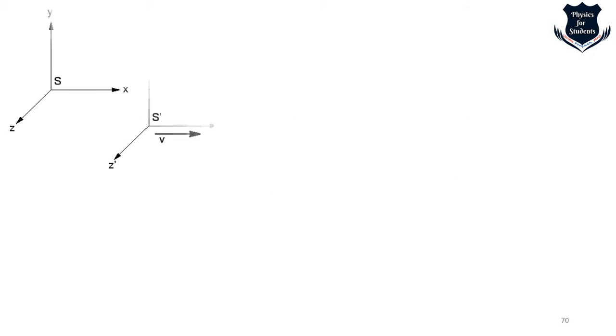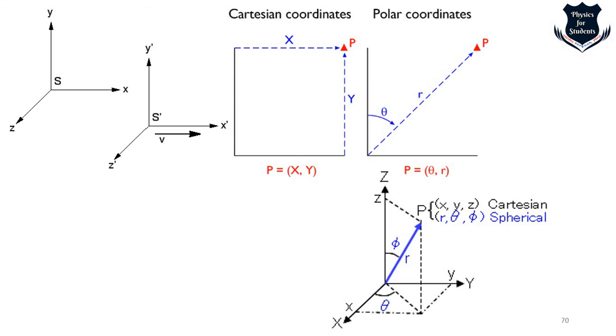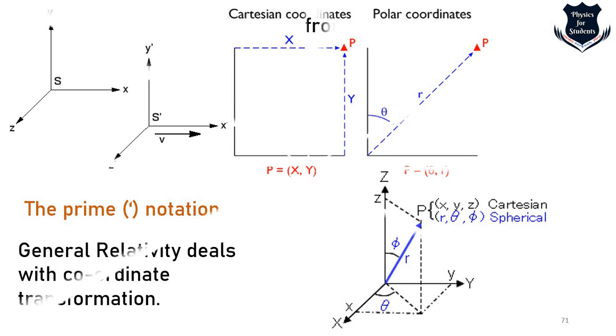So we will take this kind of coordinate transformation, which is a Galilean transformation, and we further take Cartesian to polar, and from polar to spherical, right? Because general relativity deals with coordinate transformation, we will follow the prime notation convention. This is just to show you that we generally use the prime notation convention to denote the coordinate transformation.